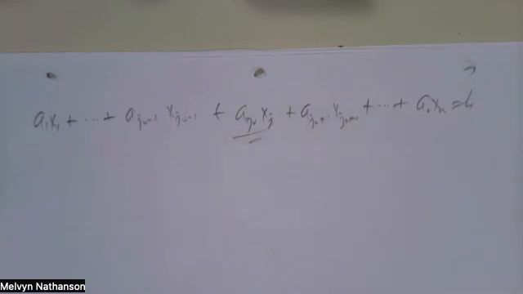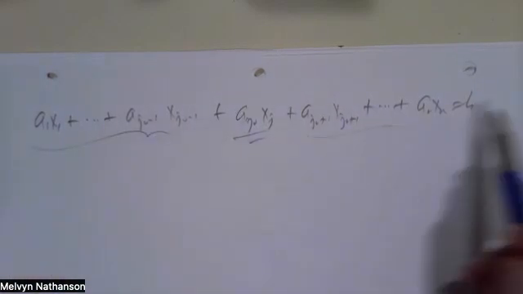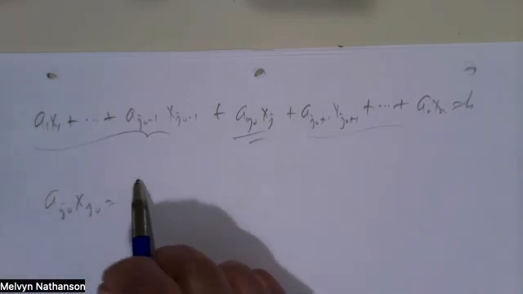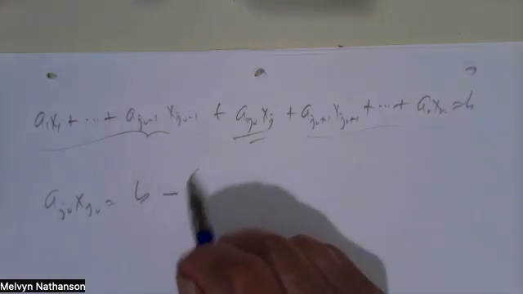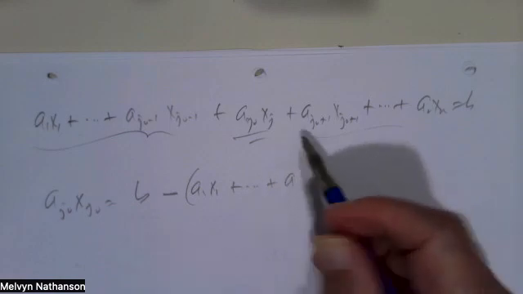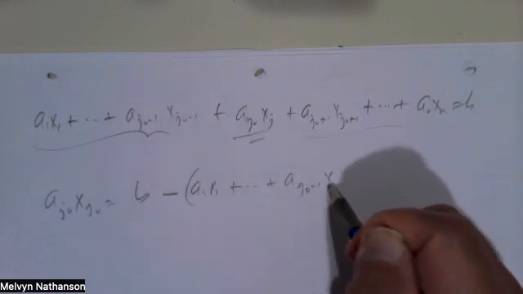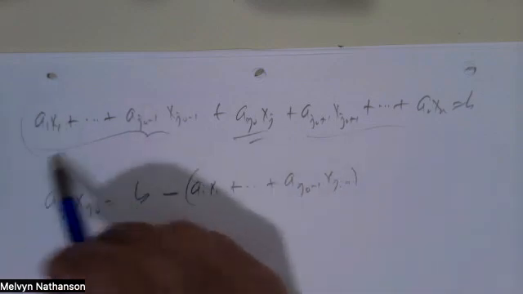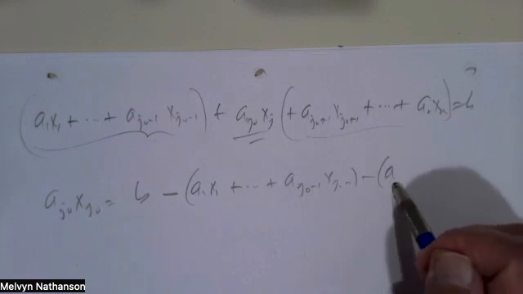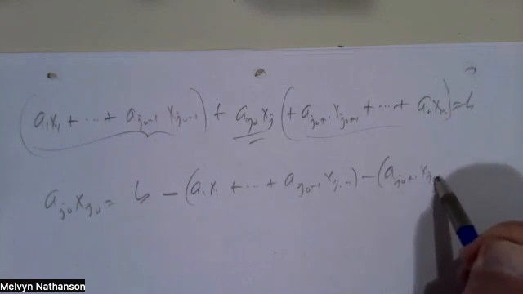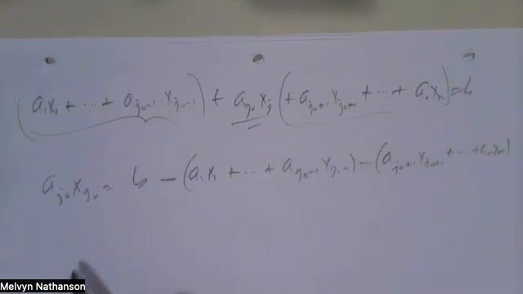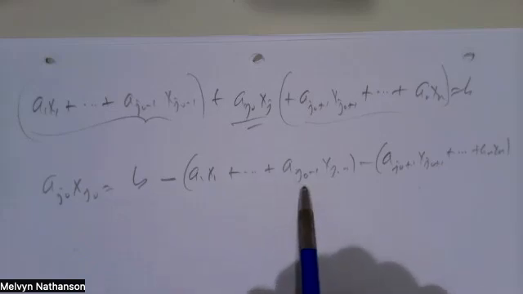So hold this fixed and put everything else on the other side of the equation. aj naught xj naught equals b minus a1 x1 up to a j naught minus 1 xj naught minus 1. I subtracted this, and I also subtract this, aj naught plus 1 xj naught plus 1 up to an xn. So we want xj naught to satisfy this equation.